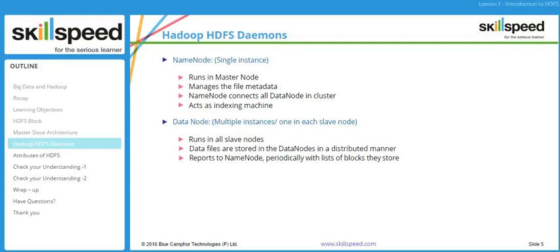And also very frequently they send something called block scanner report, which will tell the name node how many blocks the particular data node has and how much storage space it has and how much space is free. So this continuous communication between the name node and the data nodes gives a complete picture about the storage of the cluster to the name node. So that is why we need a name node to contact the individual data nodes inside a Hadoop cluster.